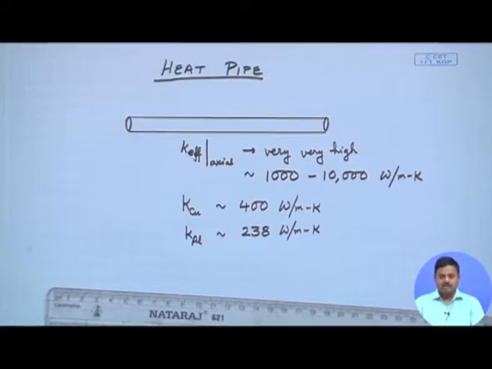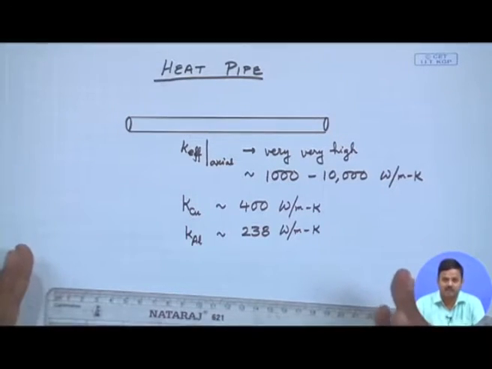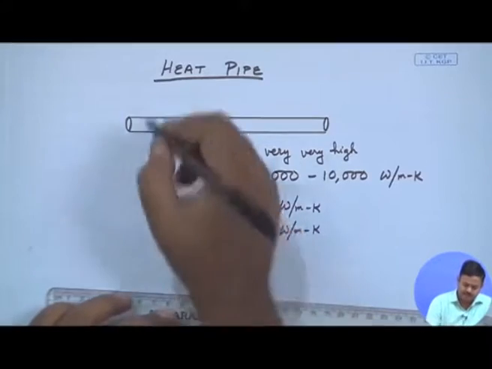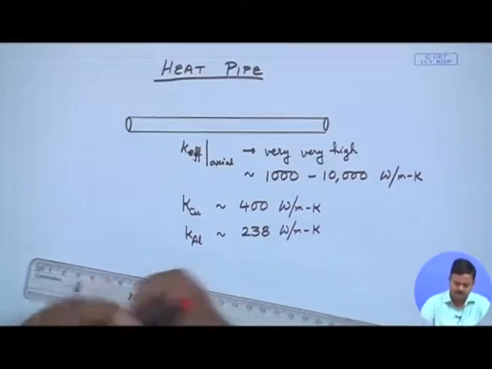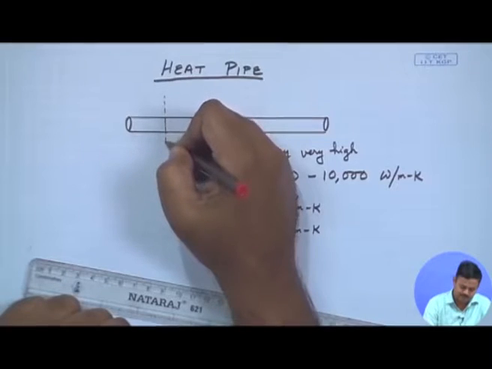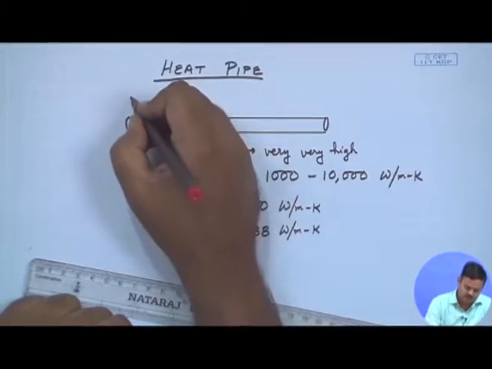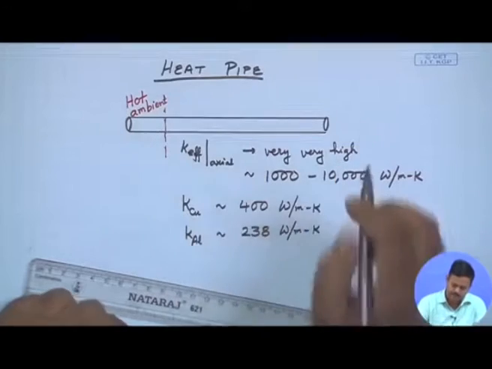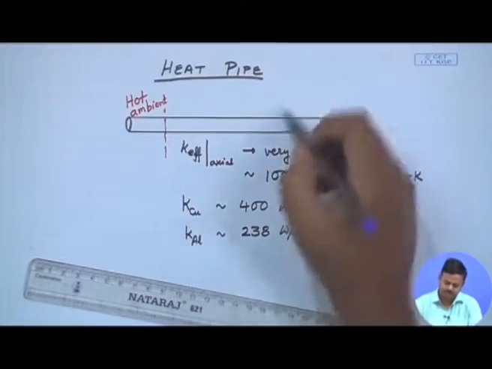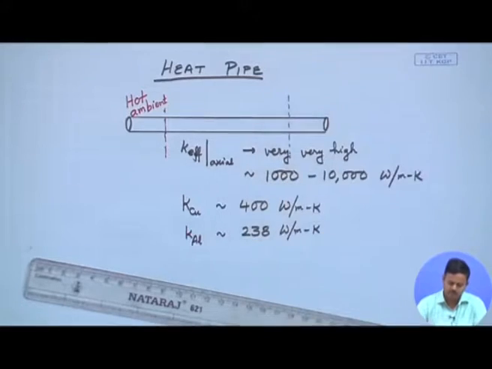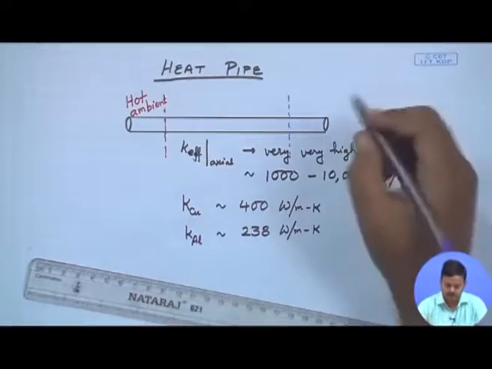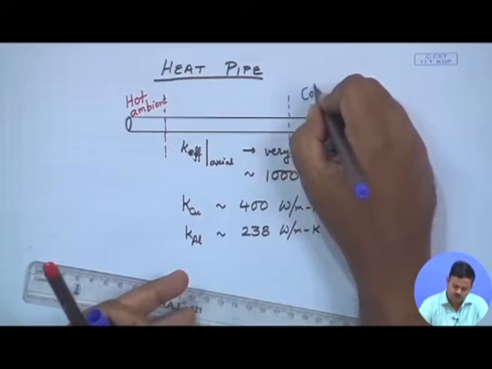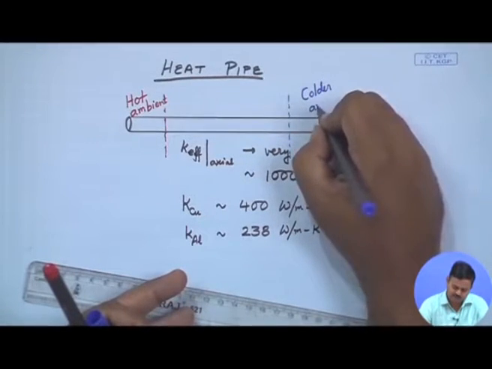What does it mean for us, or how can we make use of this very high thermal conductivity? So think about it. If this is my heat pipe and on one end I expose it to a heated ambient, so I will say hot ambient. On the other end, I am using a blue color here, is a colder ambient.